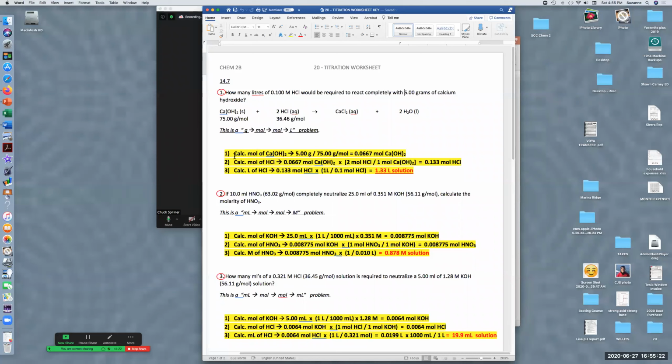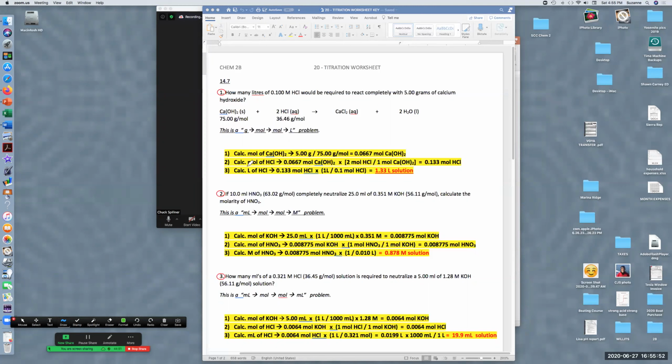So step one is to calculate the moles of calcium hydroxide from the grams given. So we divide by the molar mass, we get 0.0667 moles. Next, maybe I'll use a pen here just in case I want to draw something.